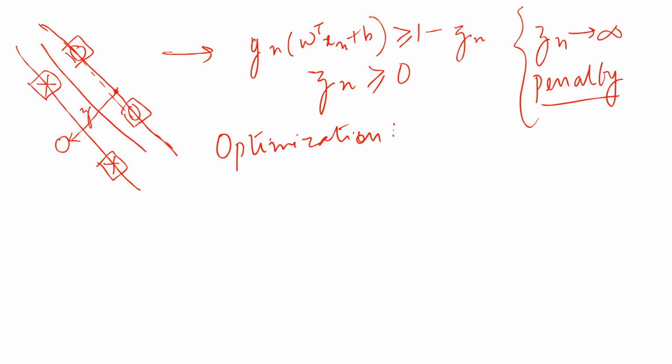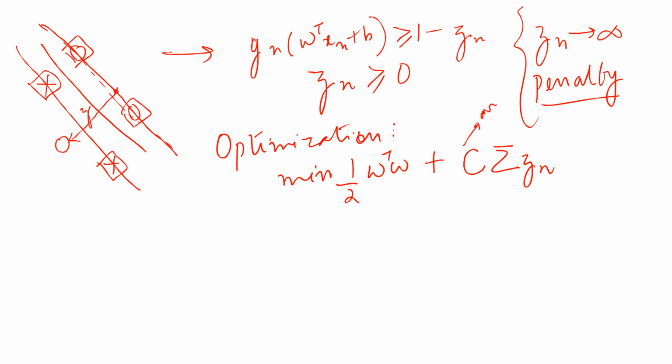What I'm saying is minimize half w transpose w, right? Plus the sum of these points that are moving on the wrong side of the cushion. So sum them all up and also control them by some constant, right?